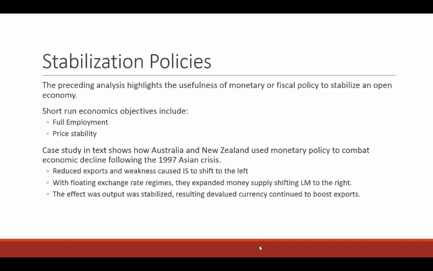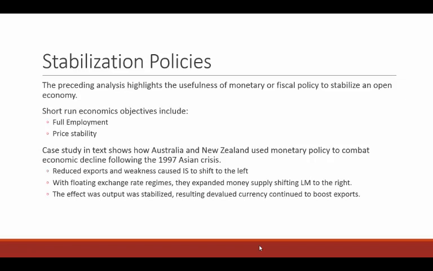Such stabilization policies are often seen as intended to meet short-run objectives of full employment or price stability or both. It is instructive to note that even within a floating regime, the combination of fiscal and monetary policies might achieve the super-effective stimulation that was observed of fiscal policy under a peg, since both policies, if expansionary, might act to keep the interest rate in check and so prevent crowding out while stimulating output.